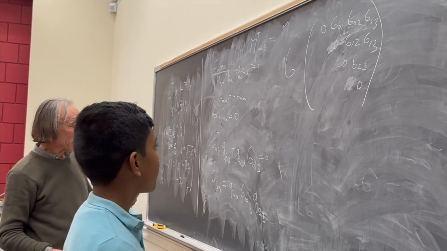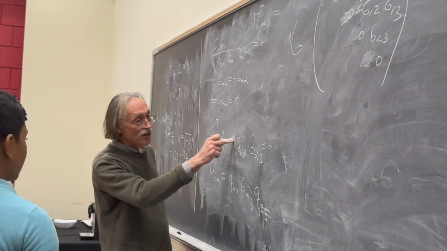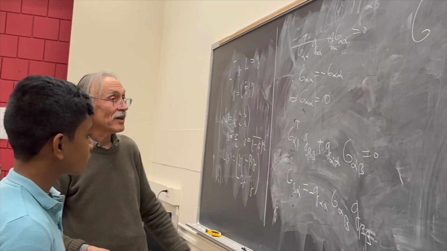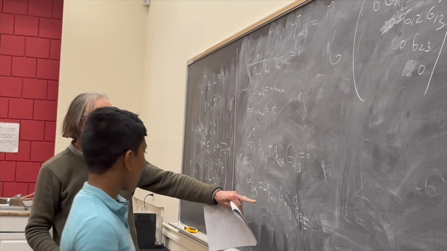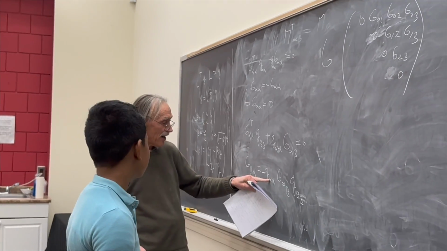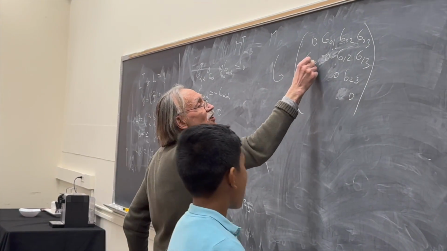I screwed up a minus sign. This is plus; if I bring it to the other side, it becomes minus. So when there's a 1, 0, this is minus 1, that is plus 1, so this becomes G01.